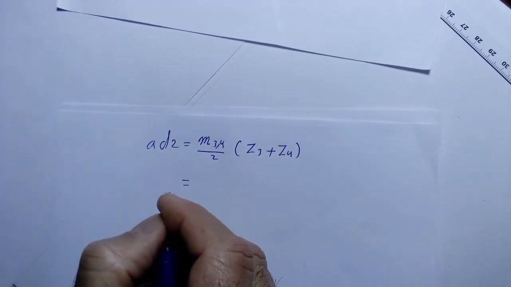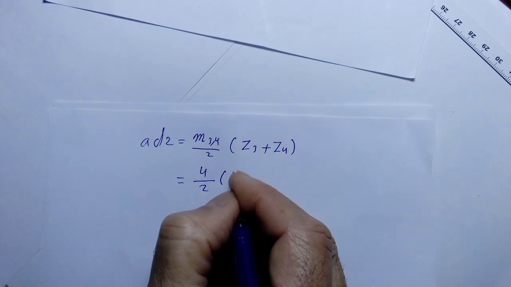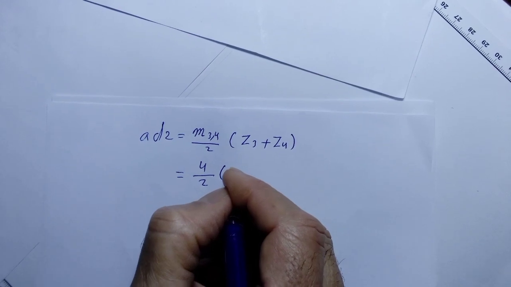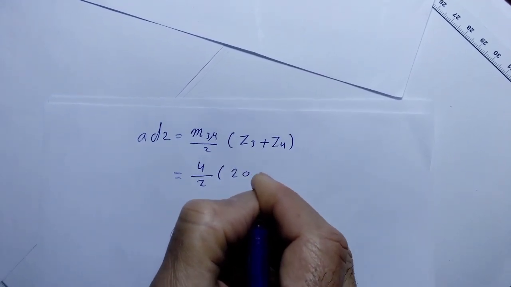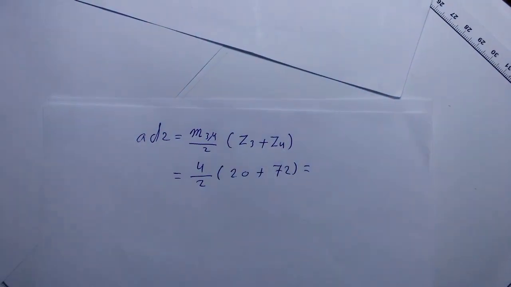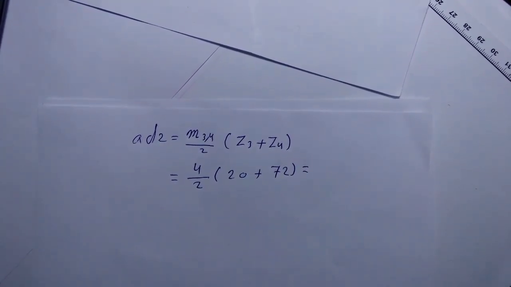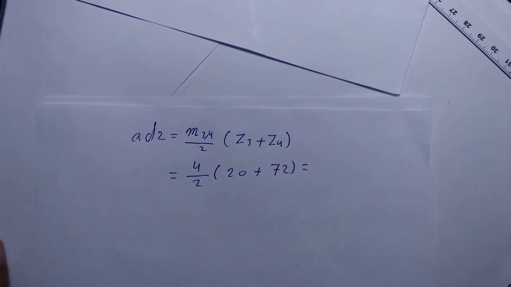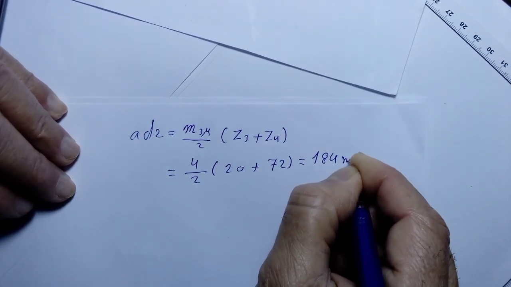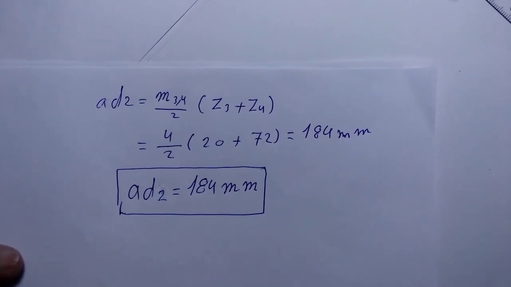This equals 4 divided by 2, Z3 is equal to 20 plus 72, which is equal to 184 mm. So AD2 equals 184 millimeters.